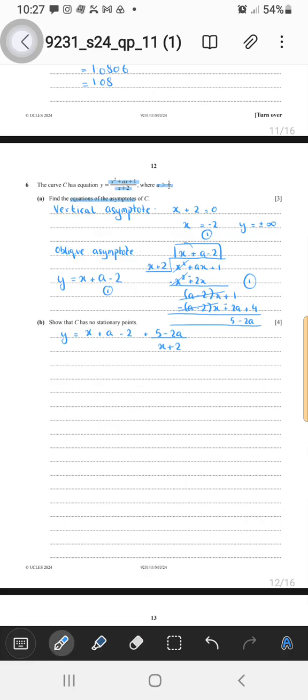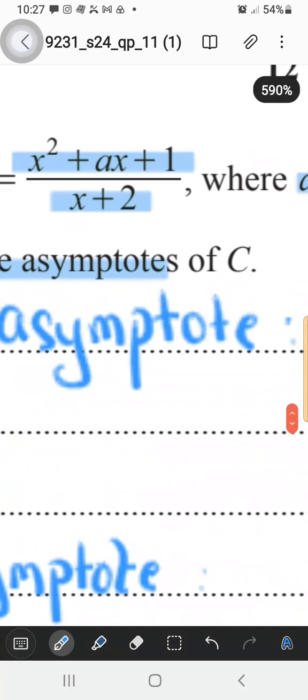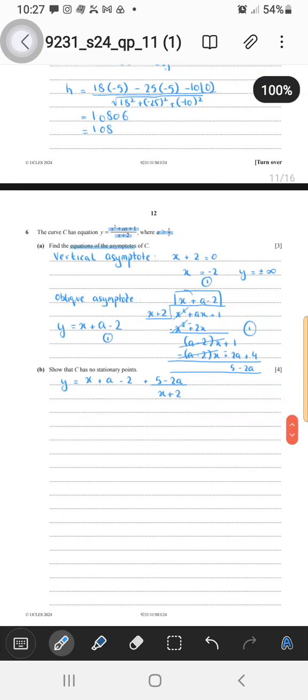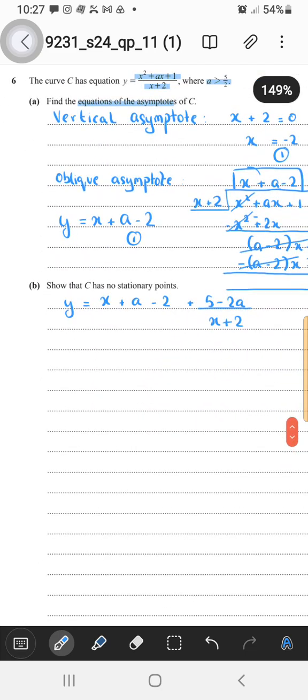Now the student asks why we write in this form, since we can differentiate it directly. Yes, you can differentiate it directly, but instead of using the product and quotient rule, I prefer you to go like this, because there will be no rule to apply. There will be just simple differentiation.